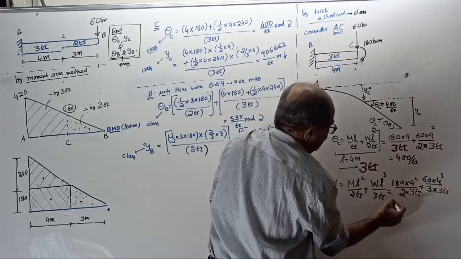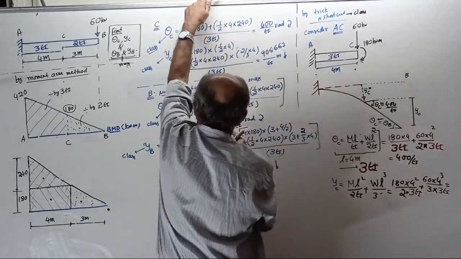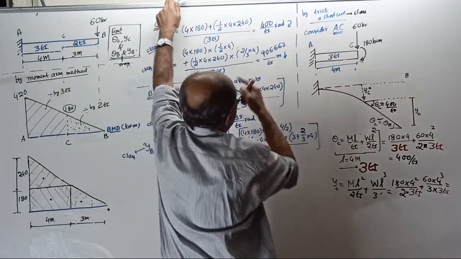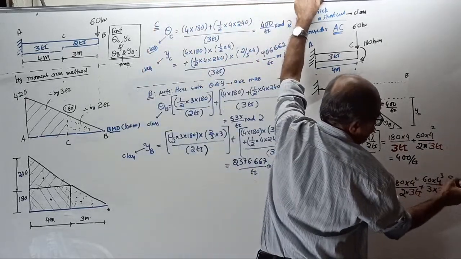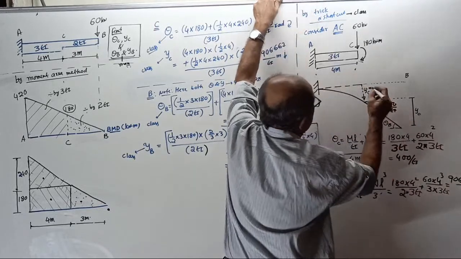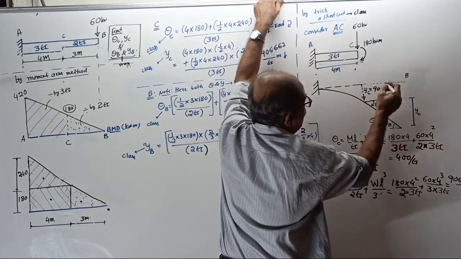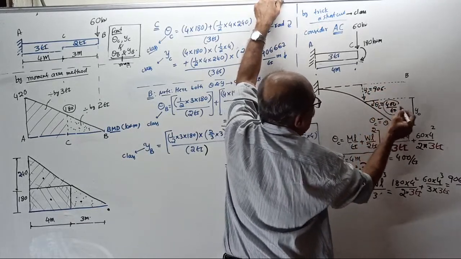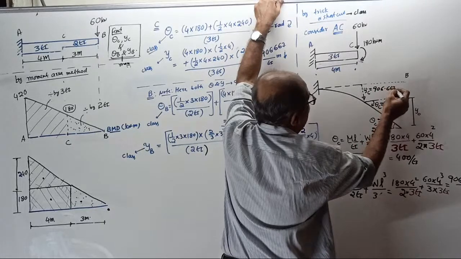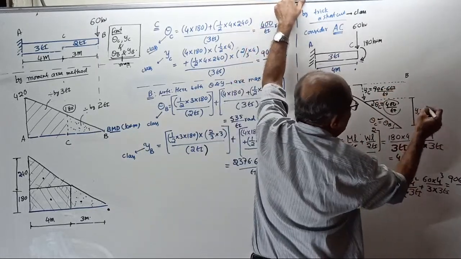This is the deflection at C. It will come, you know the answer: 906.667 by EI. Go back and enter the answer, 906.667 by EI. Remember, all these are calculated values.